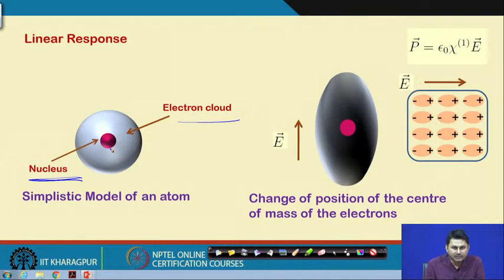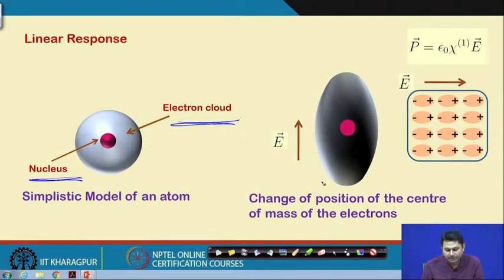This is the simplistic model of an atom, we know. The question is what happens to this system when we launch an external electric field. In the next figure we can see that when I launch an electric field, this electron cloud is distorted. Now it is not a sphere shape; some kind of elliptical shape is there. This is just a schematic figure to show how these things can happen.